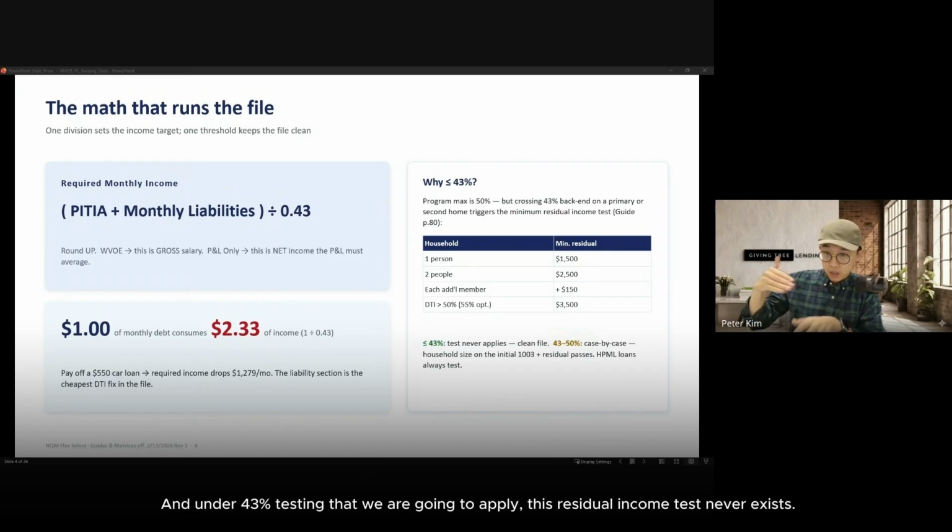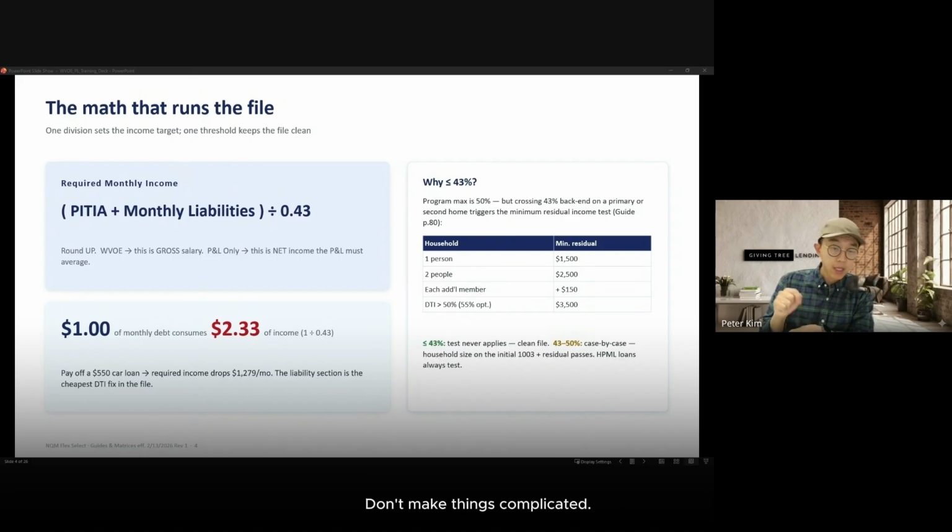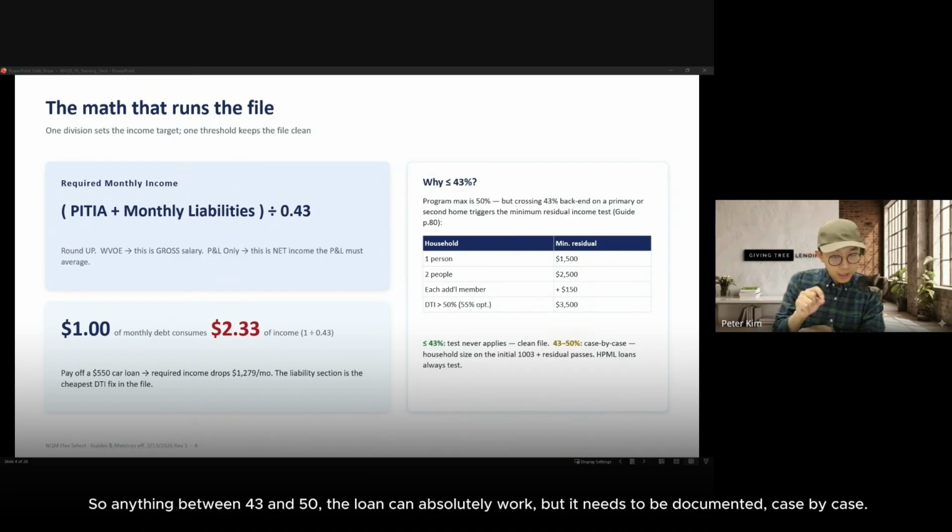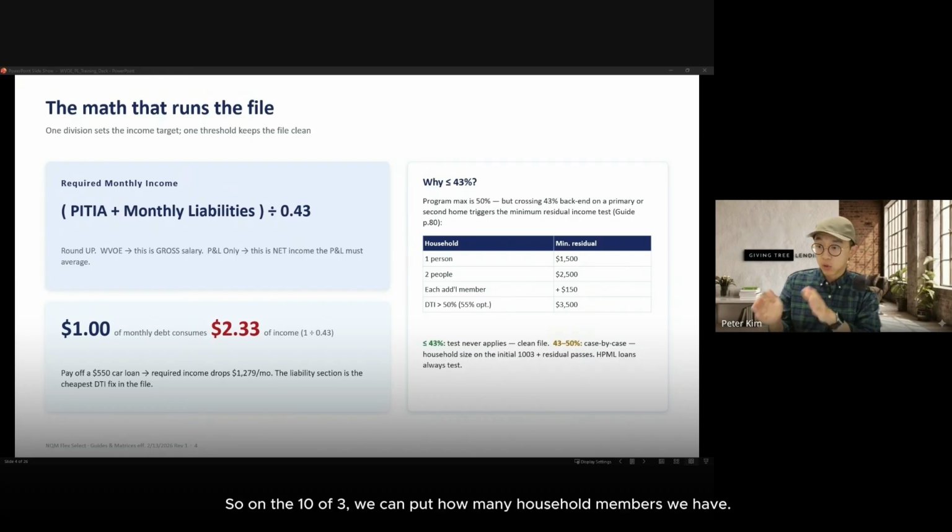At the under-43% testing that we are going to apply, this residual income test never comes into play. Don't make things complicated. Anything between 43 and 50, the loan can absolutely work, but it needs to be documented case by case. So on the 1003, we can put how many household members we have.